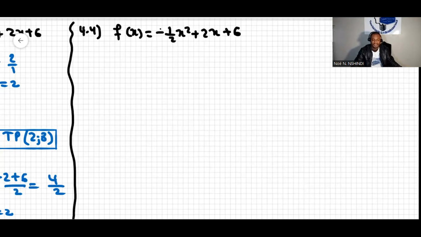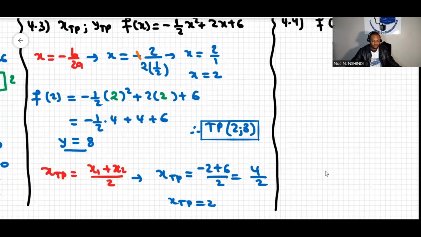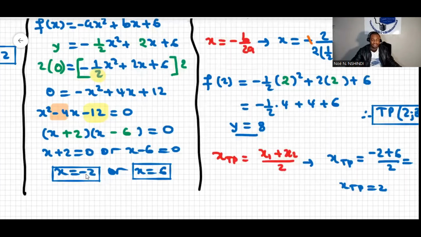Okay. Now the intercepts, we find the x-intercepts, which we did find in the previous question, remember, we did find -2 and 6.